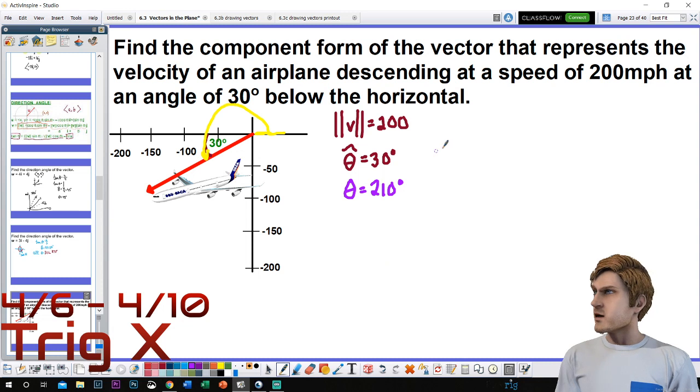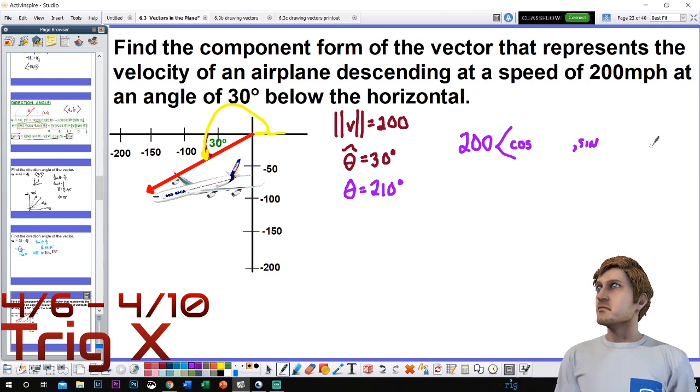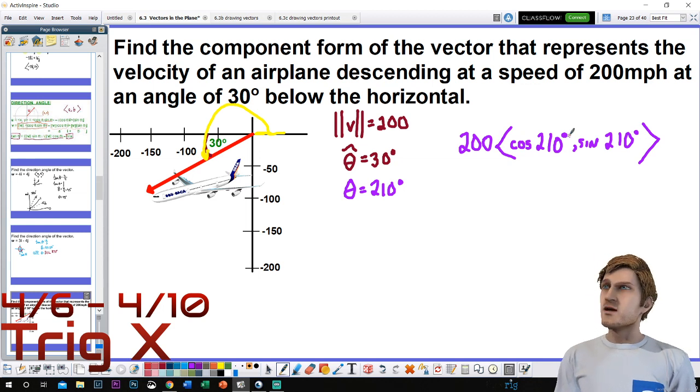In order to come up with a component form, I'm going to take that magnitude, 200, and multiply it into my unit vector, which is cosine, comma, sine. My angle was 210. My reference angle was 30, which we're going to use to calculate this if we're doing it by hand.